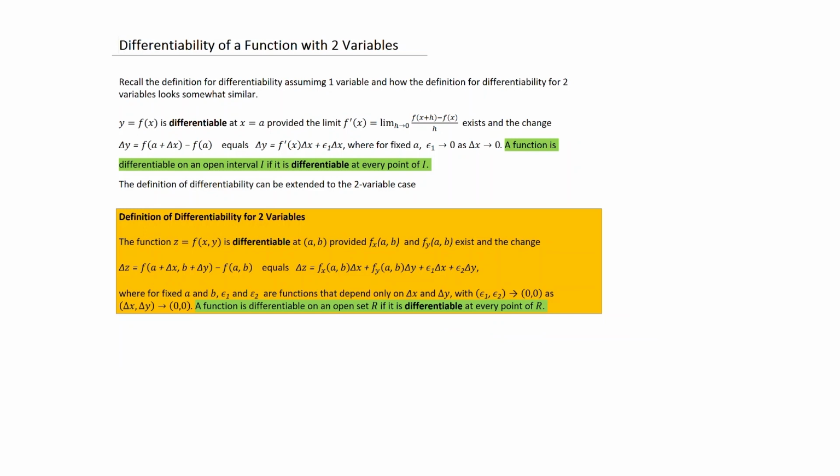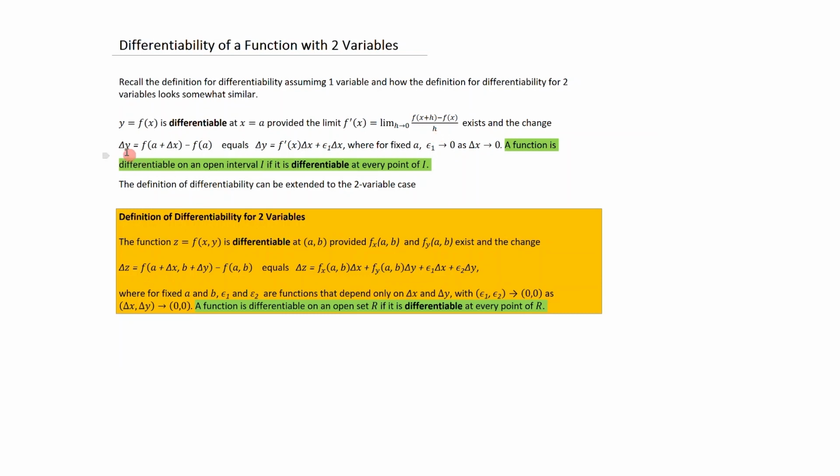All right, so now let's extend the notion of differentiability to two variables. I've just basically repeated here what the definition for differentiability for one variable was. Just to repeat, we have that the derivative f prime of x was just a limiting process of the difference between two points divided by the distance h.